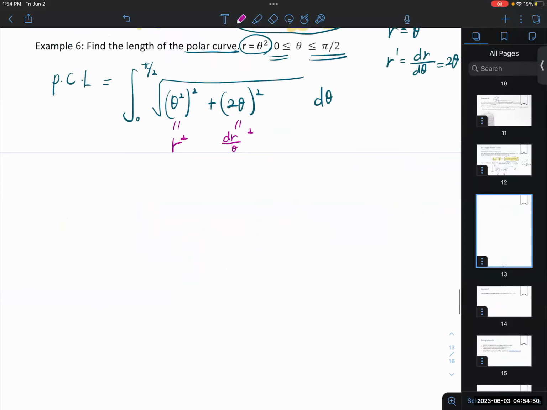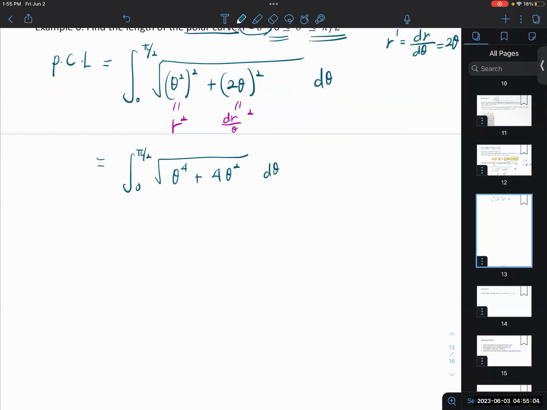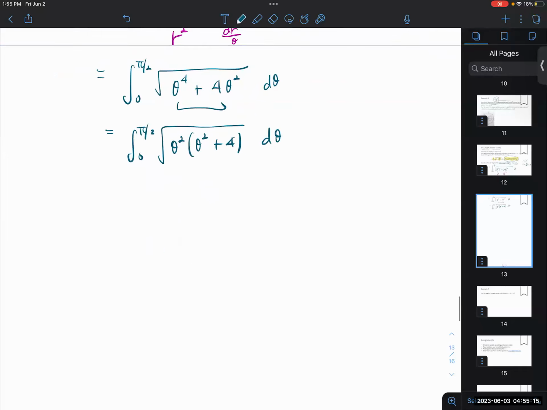Awesome job. Now we just do the work. If I simplify everything, from 0 to pi over 2, that would be theta to the 4, and then 4 theta squared, d theta. I'm going to factor out the common factor theta squared, leaving theta squared plus 4, d theta.